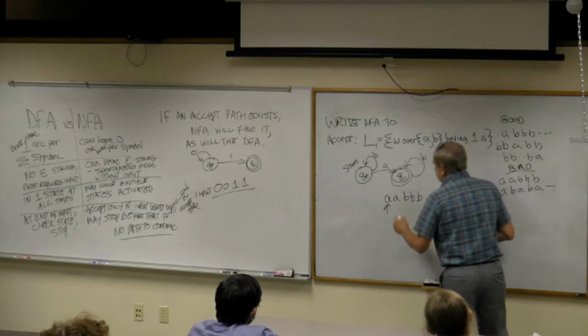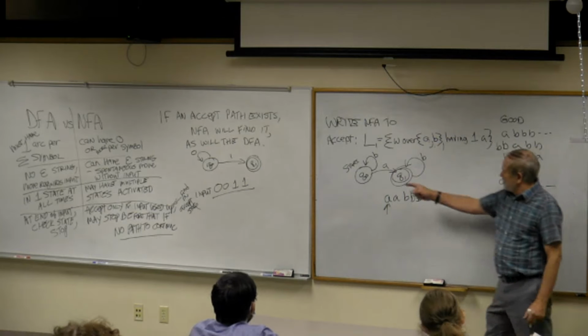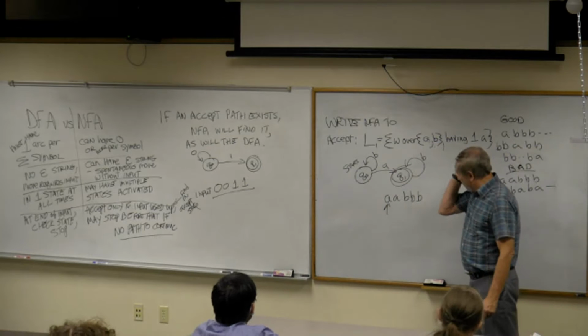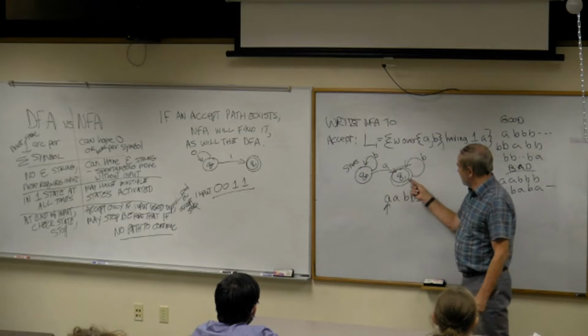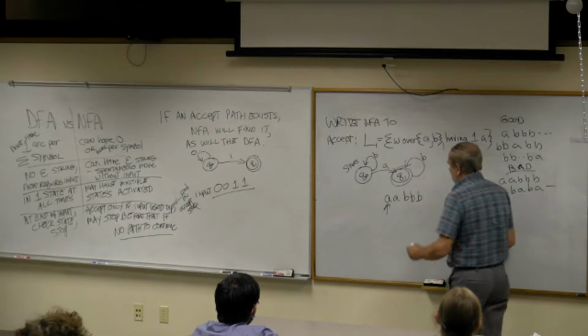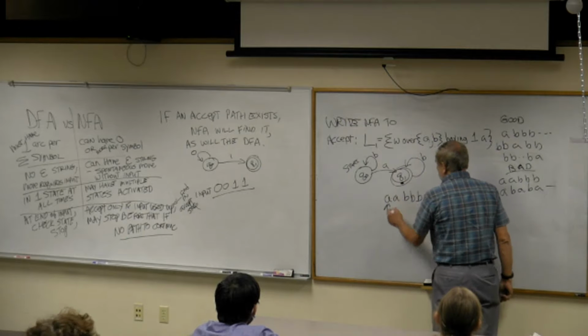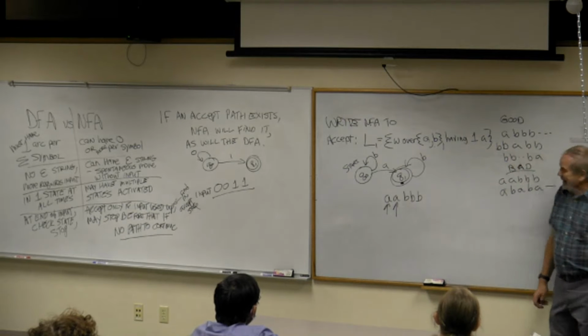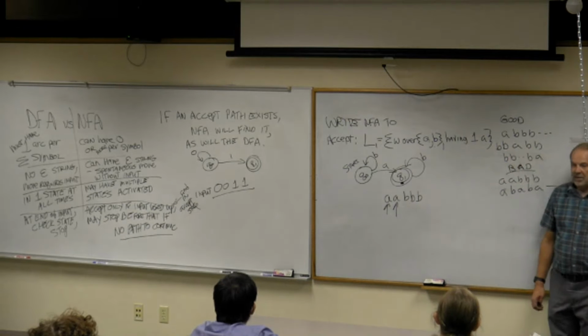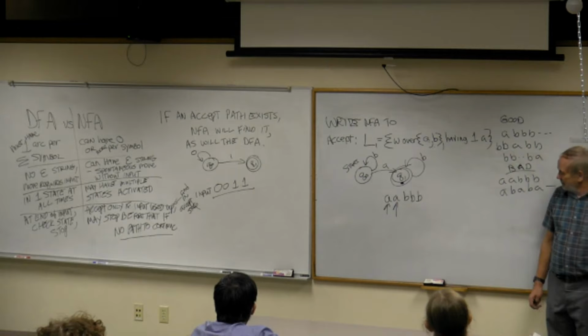It's going to start here in the start state, and it will look at that and say, I've got one transition to make, so I'll go to Q1. And now it's in Q1, and it's going to look at the next input and say, Stop. Can't do anything. Stop.